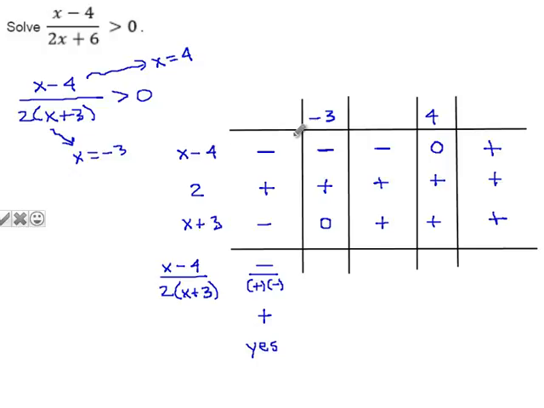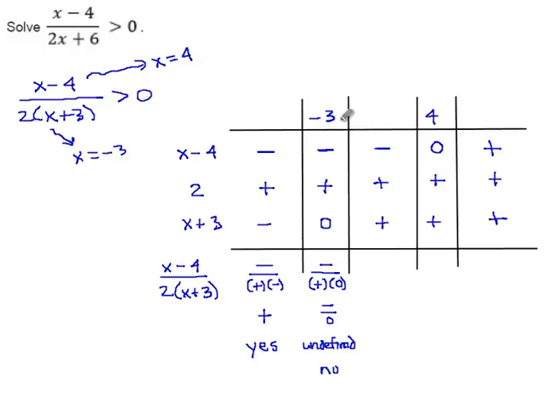So this section where we're lower than -3 is part of our solution. If we're right on -3, we get a negative number over a positive number times 0. Negative number divided by 0 is undefined, which means no. You're never part of a solution if you're undefined. That means you don't even know what the value of your function is, so you certainly can't say it's greater than or less than 0. So that section is out.